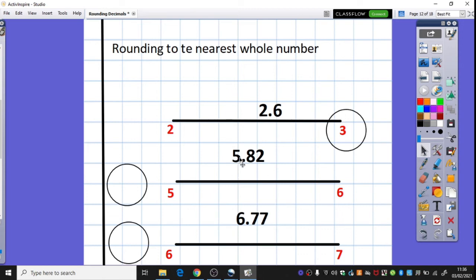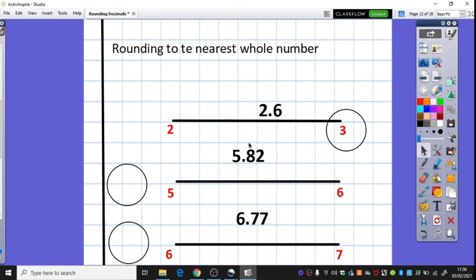And we can see on our number line also that 2.6 is closer to 3. Now this is an interesting one now. We've got 5.82. We've actually got 2 numbers after the decimal point rather than just 1. We've got tenths and we've got hundredths. But we're rounding this number to the nearest whole number. So again, the whole number that came before 5.82 is 5, and 6 is the whole number that comes after.